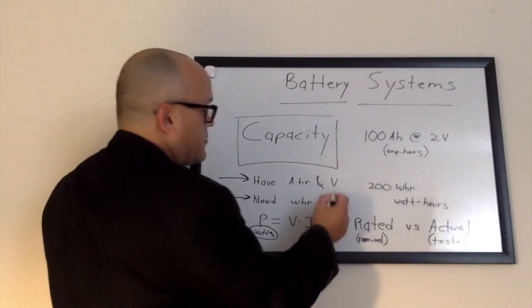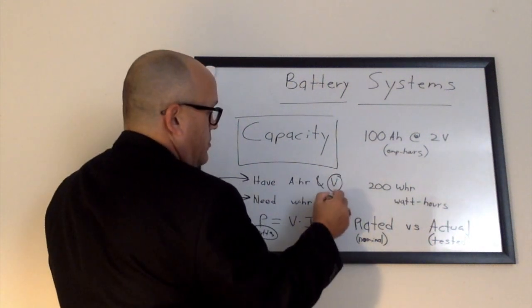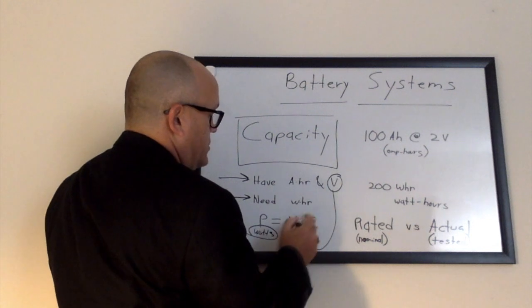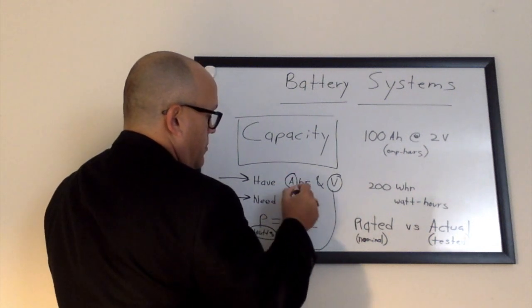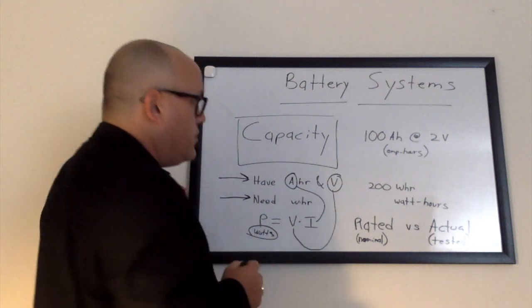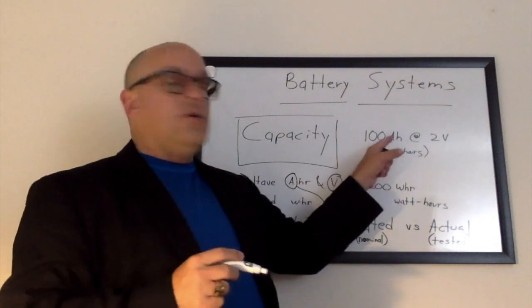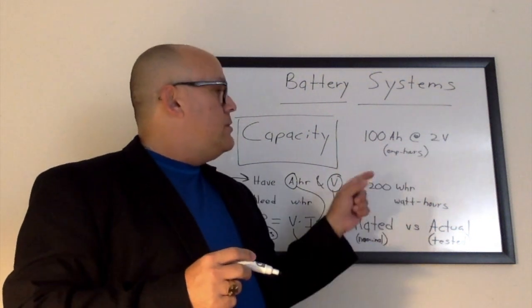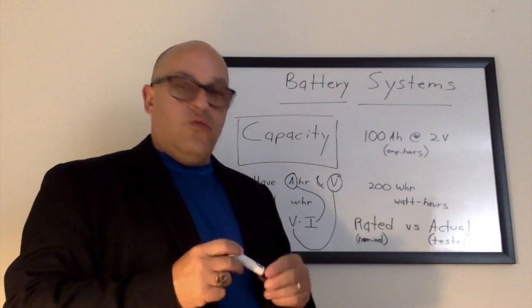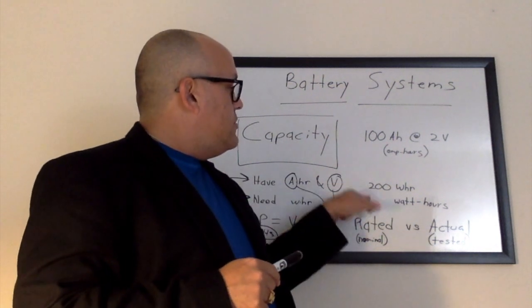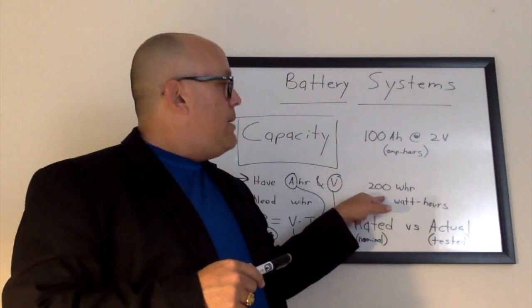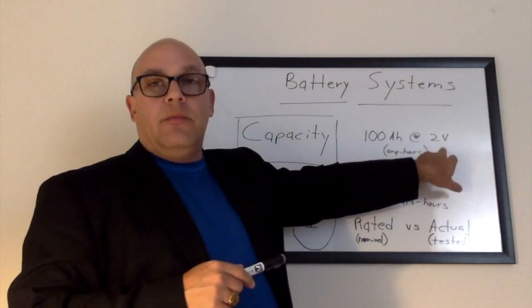There's my voltage. There's my current. There's my equation. So you basically multiply your amp hours times your volts, and that gives you your watt hours. So this is a 200 watt-hour cell. Remember, this is only for lead acid, which is nominal 2 volts.